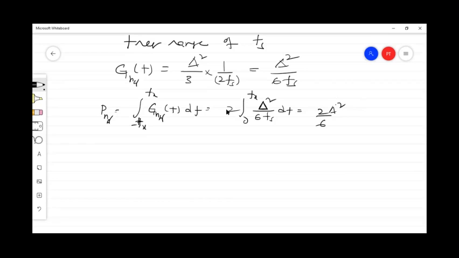We have integrated with respect to f only, and the limit is fx. So it is simply equal to delta squared by 3 into fx by fs.